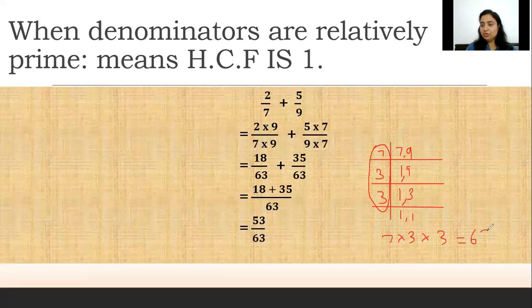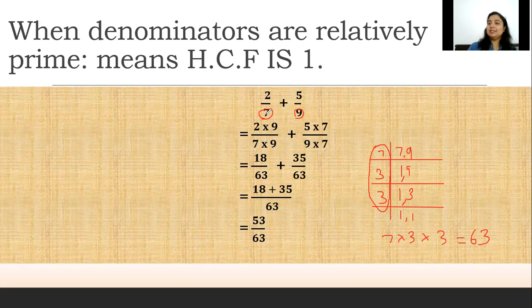So I just want to show you, when our denominators are relatively prime, their LCM is generally their multiplication. So at that time, if you have this kind of denominator, multiply this fraction with this denominator and this fraction with this denominator. And simply you can equalize the denominator, then add the numerators and get your answer.